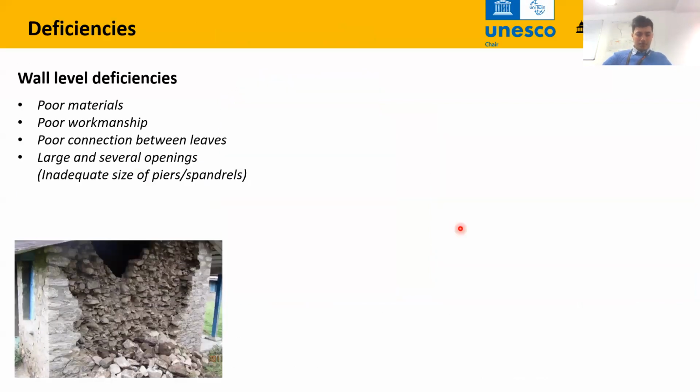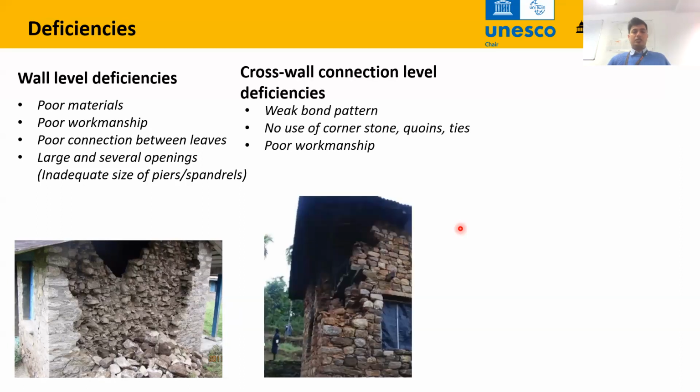So by these examples and by looking at the vulnerability parameters for the masonry buildings, we have now clearly identified the recurring failure modes and the different weaknesses in the building. If we talk about the deficiencies in our masonry structures, we have 3 levels of deficiencies.